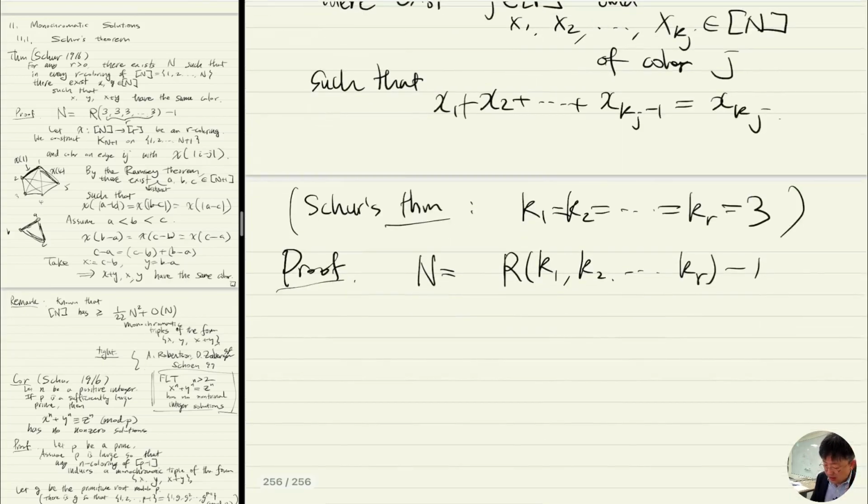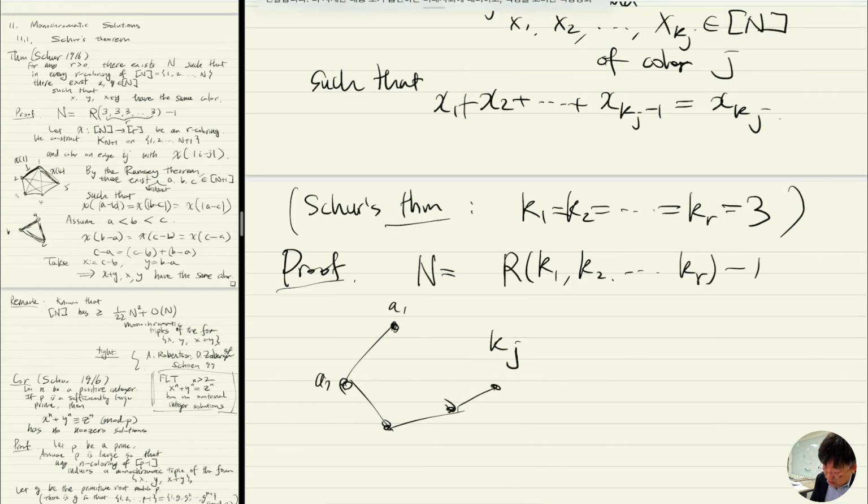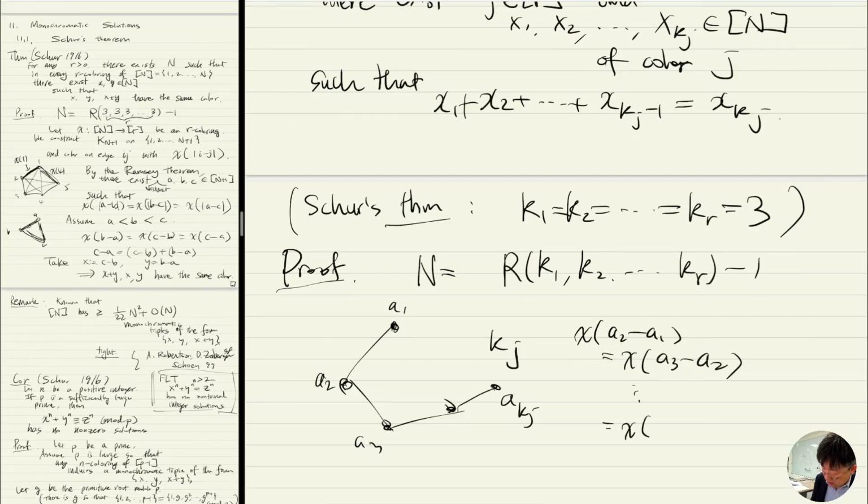Then whenever you have a complete graph on kj vertices which is monochromatic, say with vertices a1, a2, a3, up to a_kj, the color of a2 minus a1 is equal to the color of a3 minus a2, which is equal to the color of a_kj minus a_(kj minus 1), which is equal to the color of a_kj minus a1.